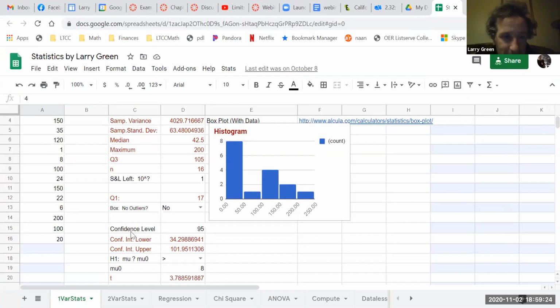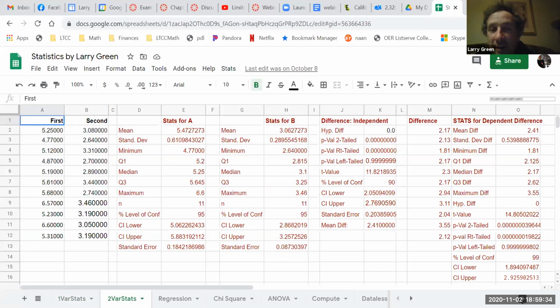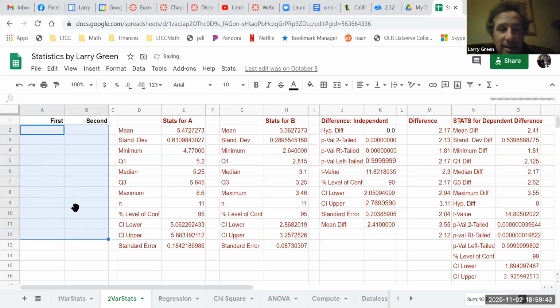There we go. You were using the first tab, 1 Veristats, for project 1. For project 2, we're using the second tab because now we're in 2 variable. What I'm going to do is first highlight all these numbers and hit the backspace to just erase them.